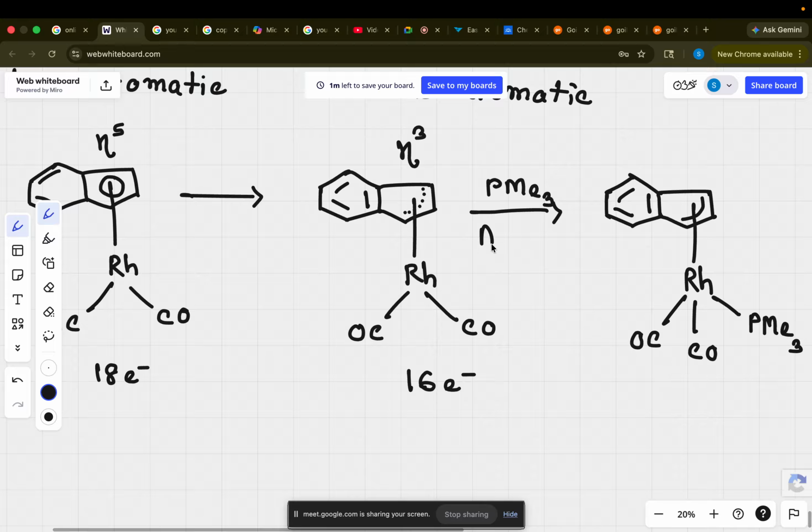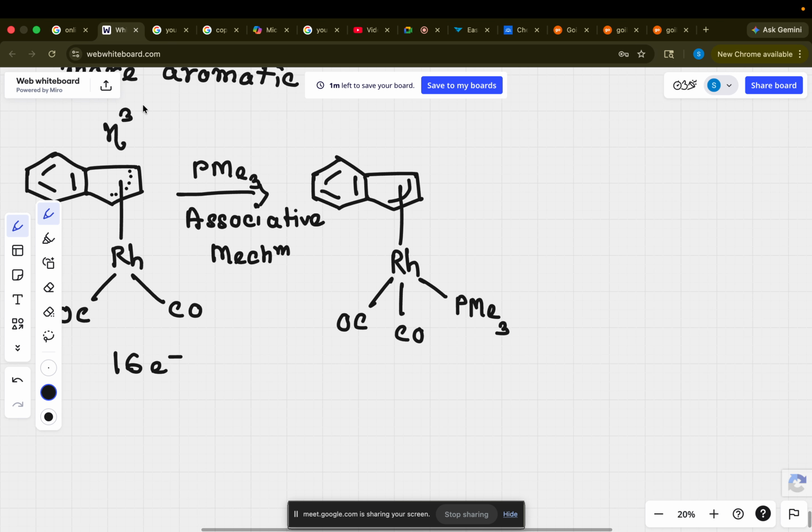So basically the associative mechanism is happening here. See, if you have 18 electrons, the associative mechanism is possible, but not the dissociative mechanism. What it is doing is just changing its hapticity value. So you are getting a lower hapticity value now, and then the associative mechanism is possible.